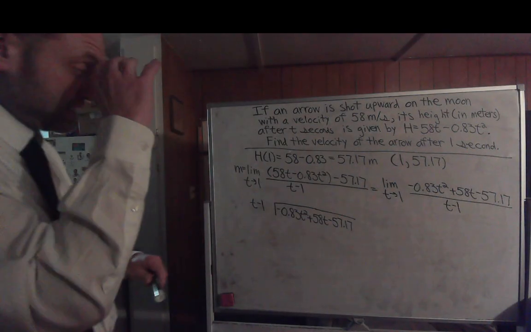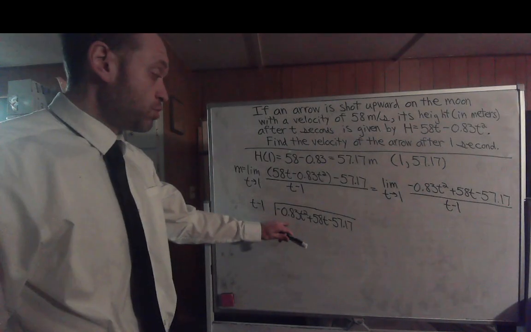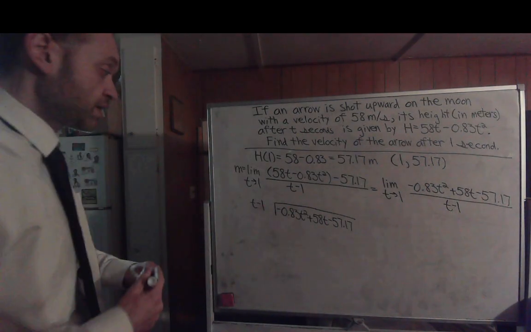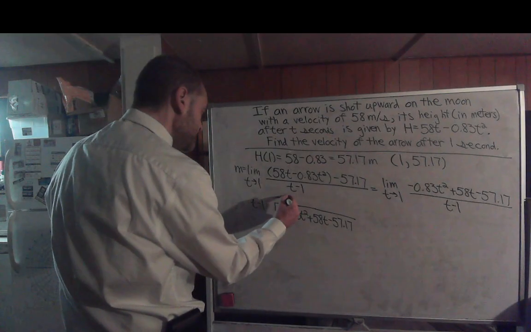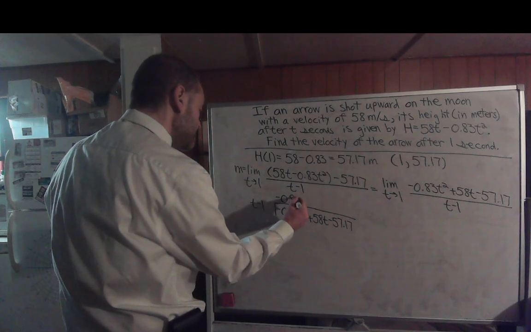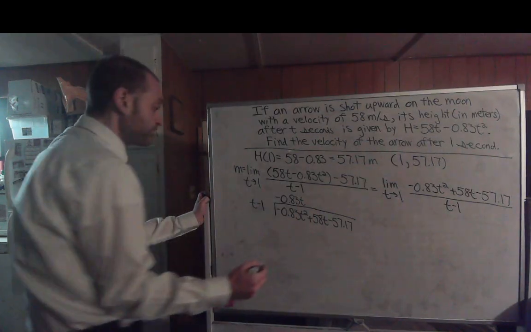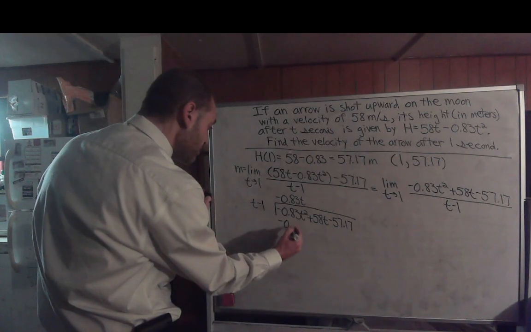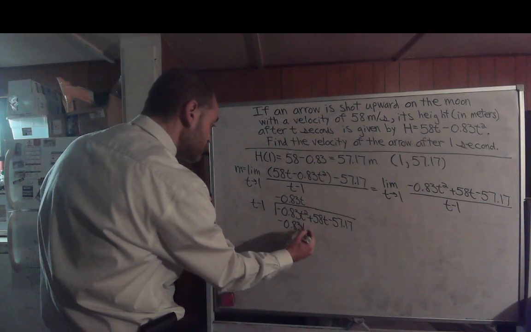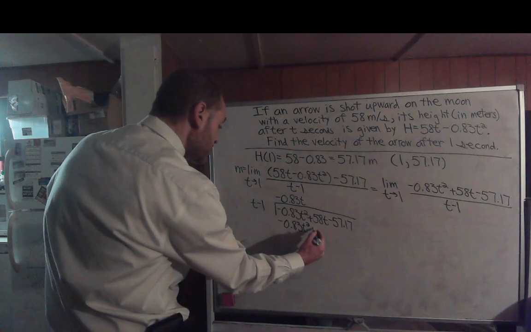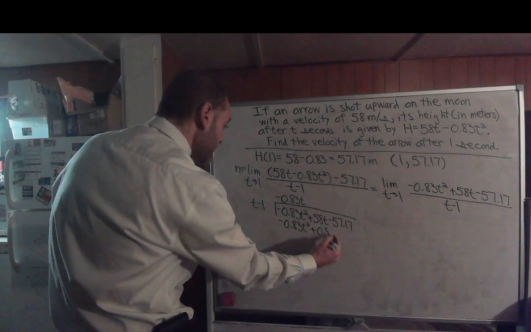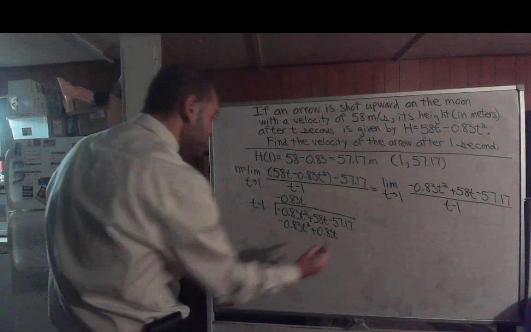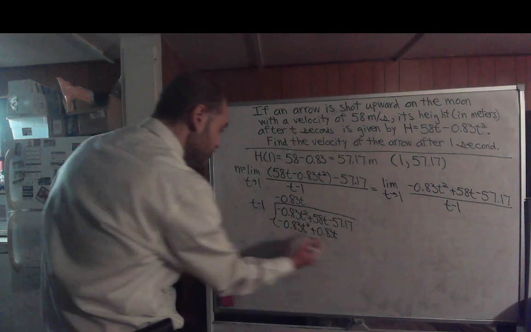Alright, so t goes into negative 0.83 t squared. That's going to be negative 0.83 t times. So we multiply, you'll end up getting negative 0.83 t squared plus 0.83 t. Now let's subtract.